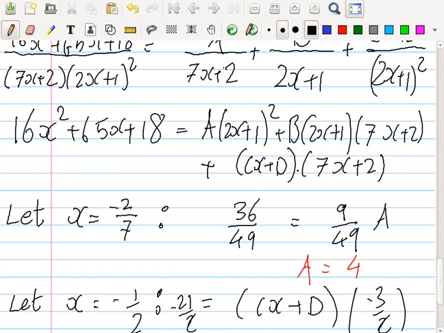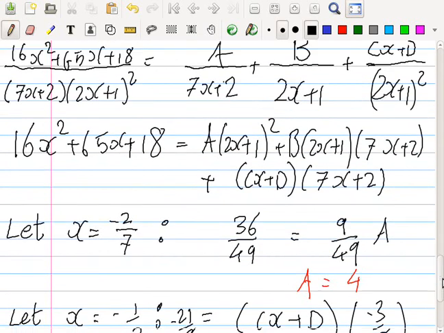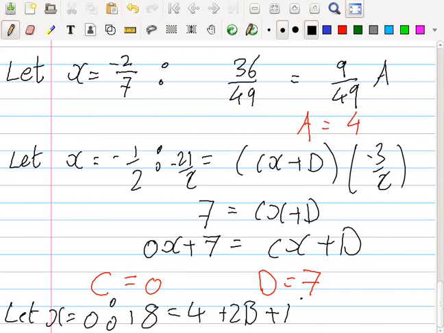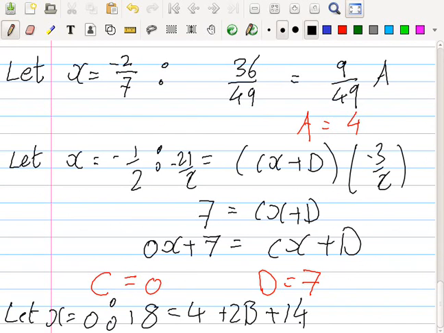That's 0, so that's gone. D is 7, 7 times 2, 14 at the end. So that's just me making x equal to 0. I think it was an 18, because if I put x equals 0 on the left, it'd be 18. 18 minus 4 minus 14.